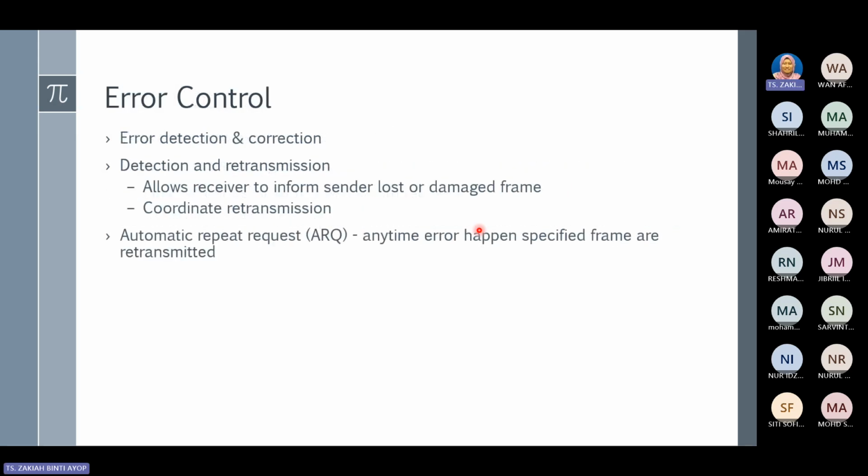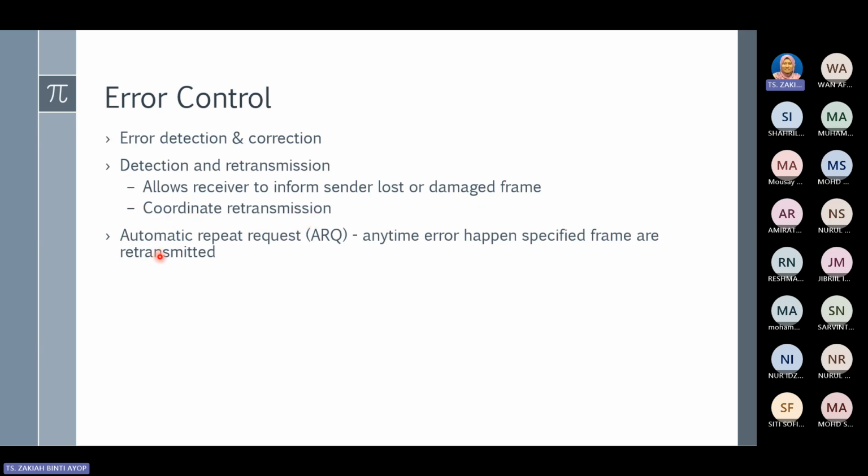Error control will be in the next subchapter, which is error detection and correction, where the responsibility is first to detect errors, and then allow the receiver to inform the sender of a lost or damaged frame. If an error is detected, the receiver needs to inform the sender that the frame is lost or damaged, and then coordinate the retransmission.